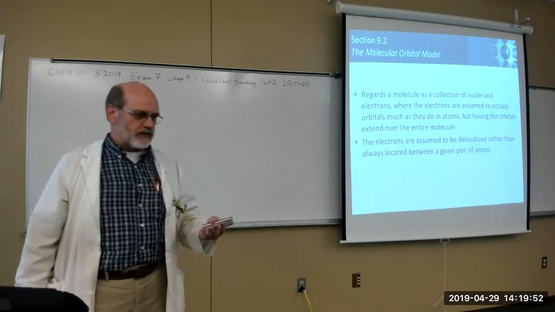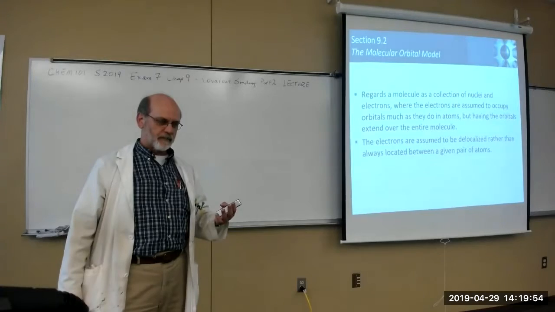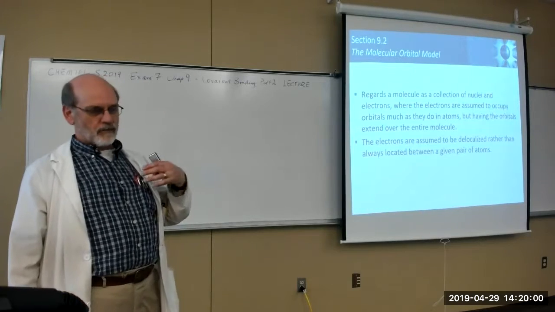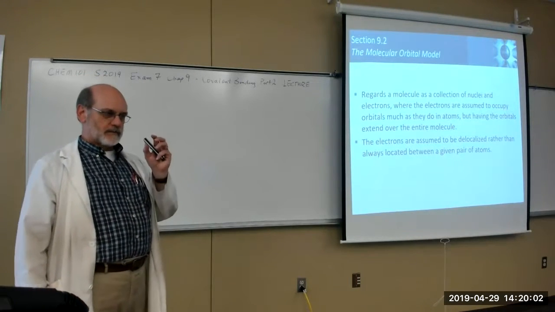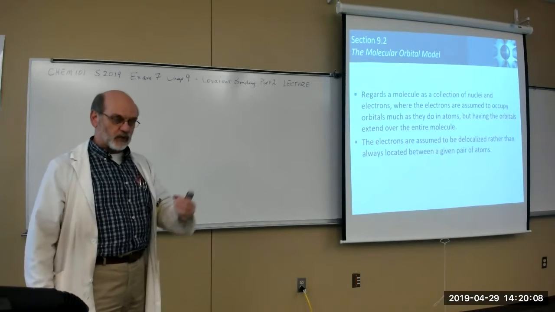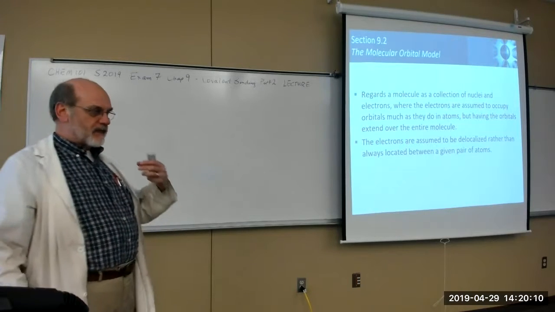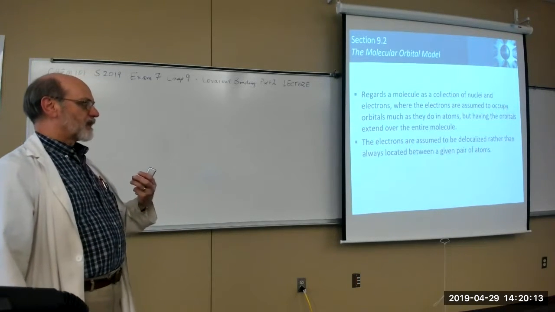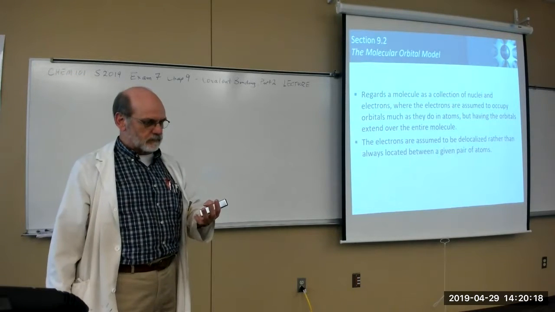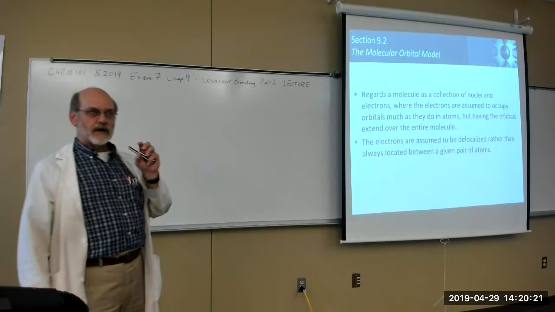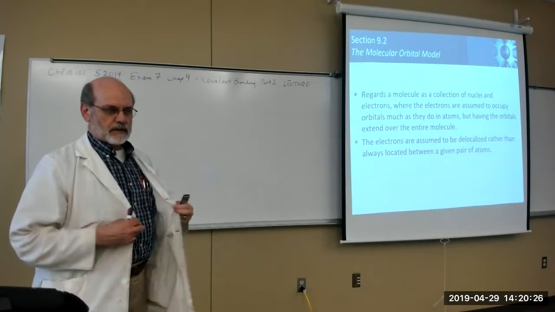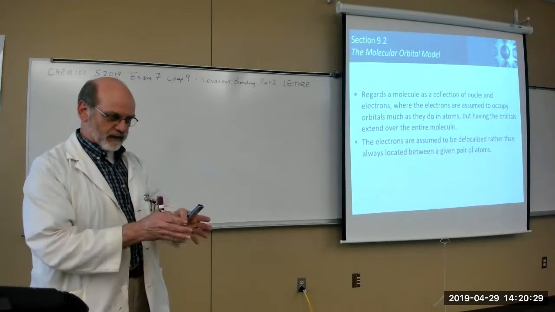In contrast to the localized electron model, which assigns electrons, either lone pairs or bonding electrons, to either particular atoms or to bonds between two atoms, the molecular orbital model takes all the electrons that are assigned to a molecule and spreads them over an orbital system that is particular for that molecule.